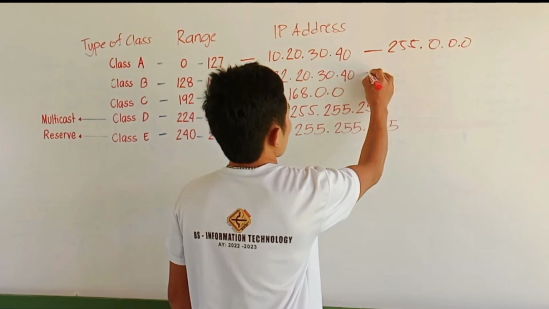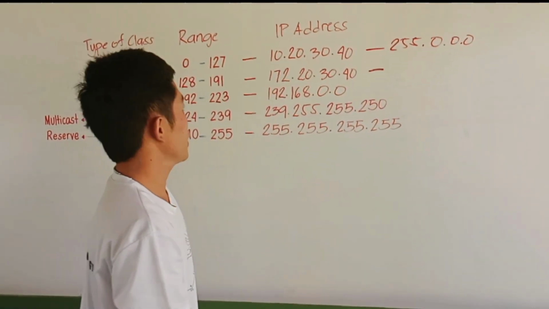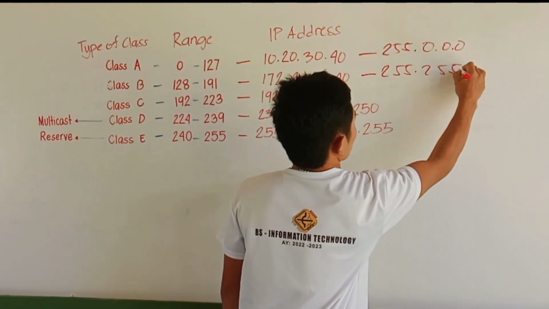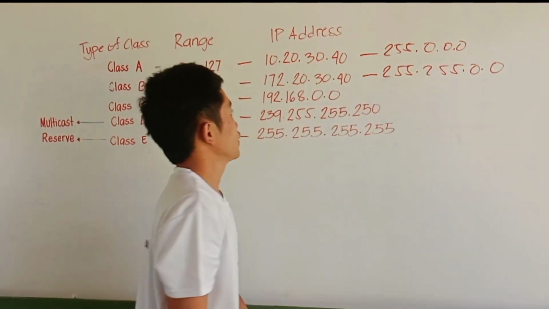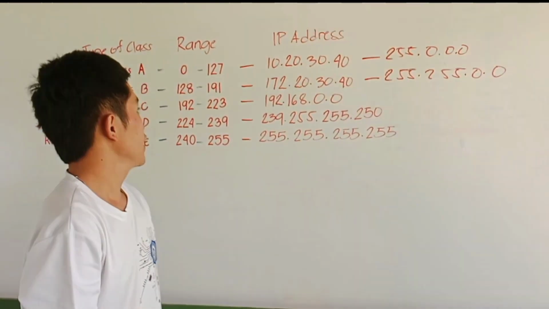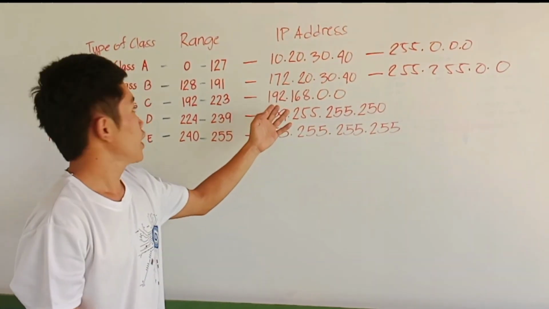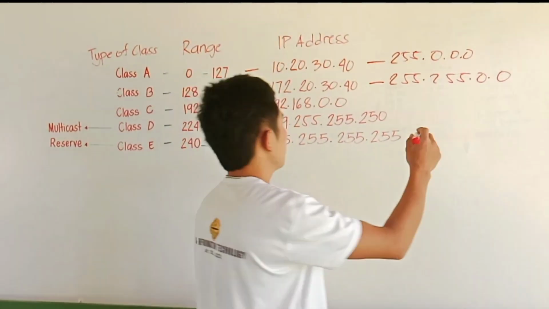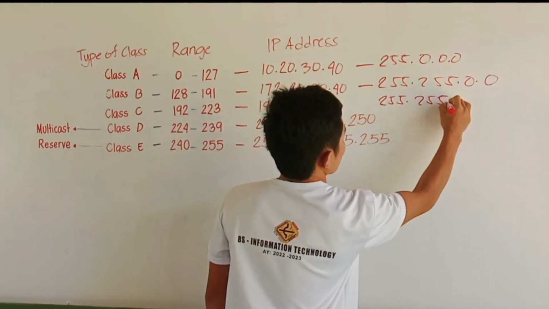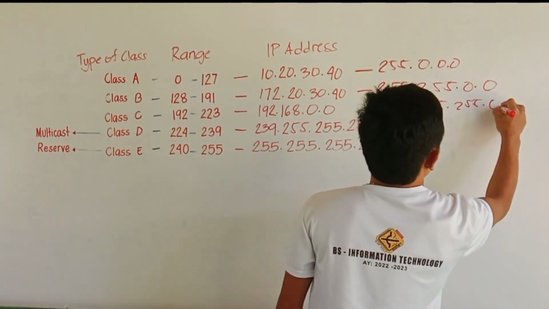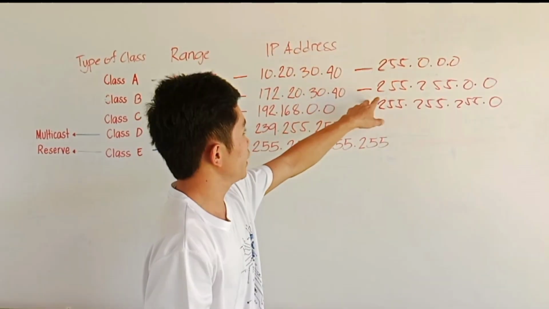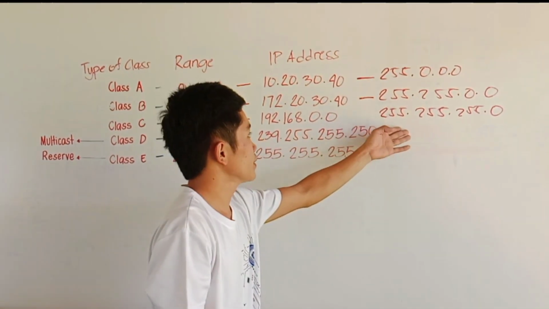The next is class B. The class B will be 255.255.0.0. So this is the subnet mask of this class B IP address. The next is class C, which is 255.255.255.0. So for class C, the subnet mask will be this one.